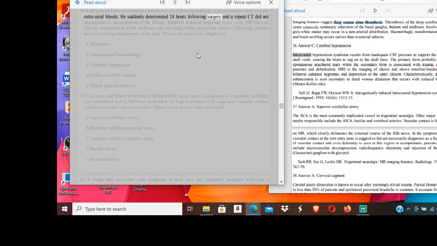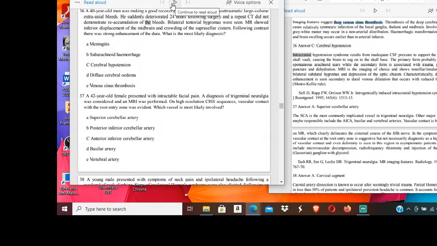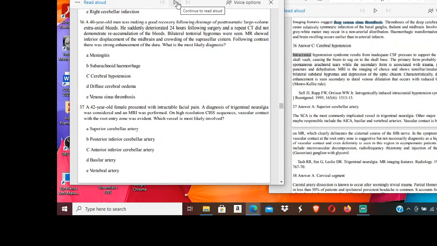He suddenly deteriorated 24 hours following surgery, and a repeat CT did not demonstrate reaccumulation of the bleeds.